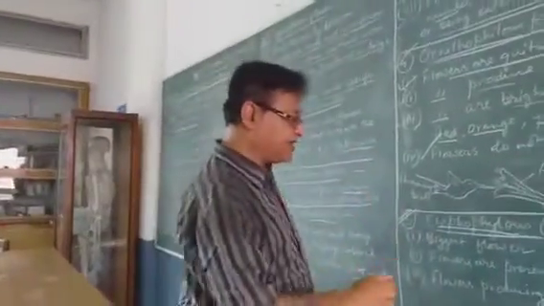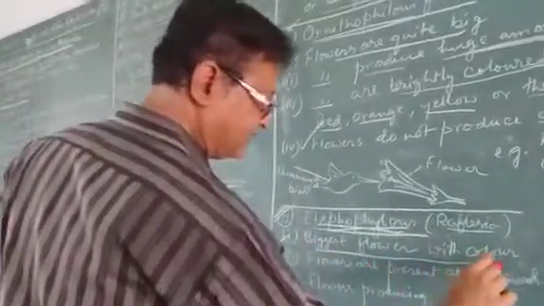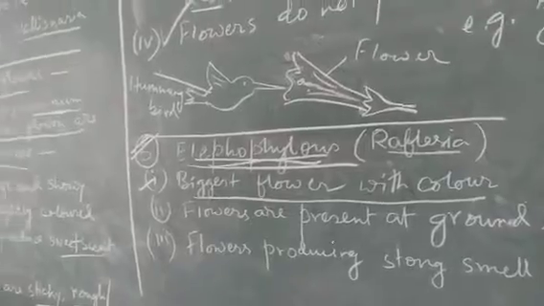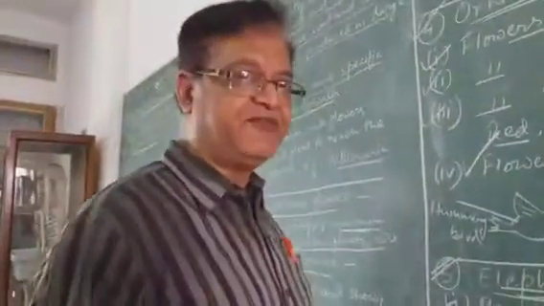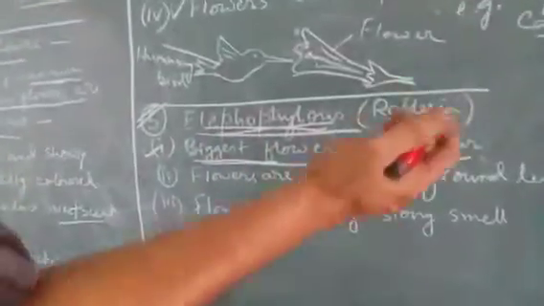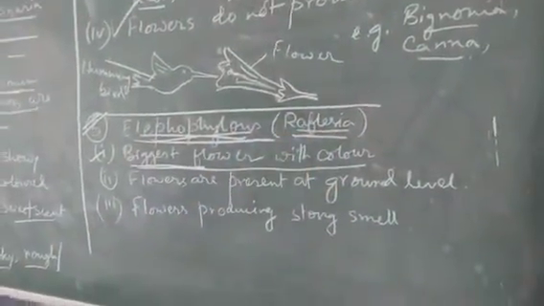The characteristics of these flowers are this: the biggest flower, with very nice colors, though not very bright, but with different combinations of colors. This Rafflesia is the biggest flower in the world.